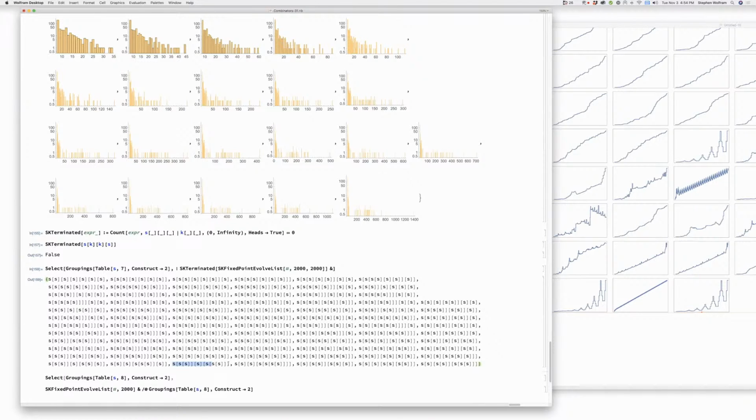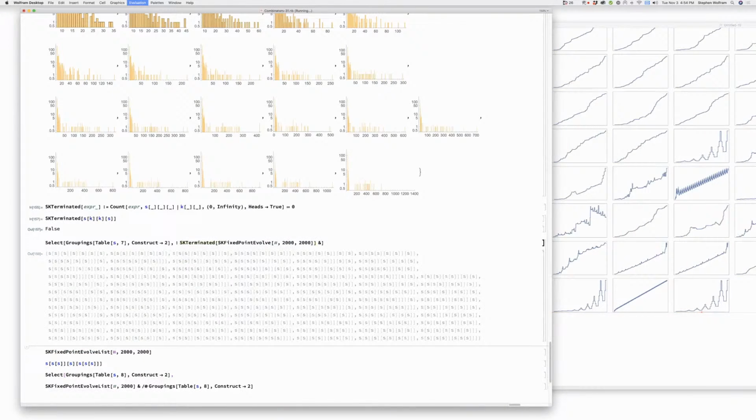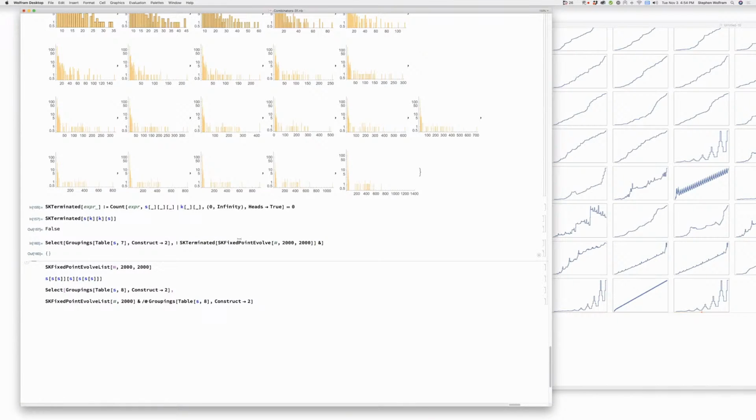Okay, so let's take one of those and let's say SK fixed point evolve list of this. Oh, I know what the problem is. That's what I want to change. Okay, that's not encouraging.